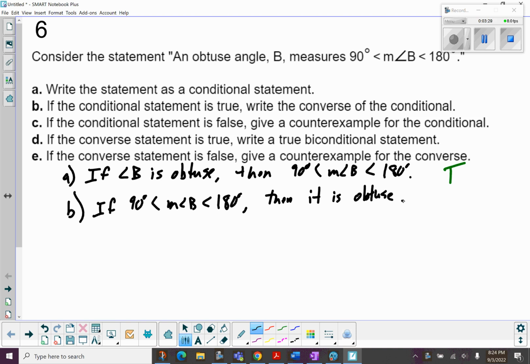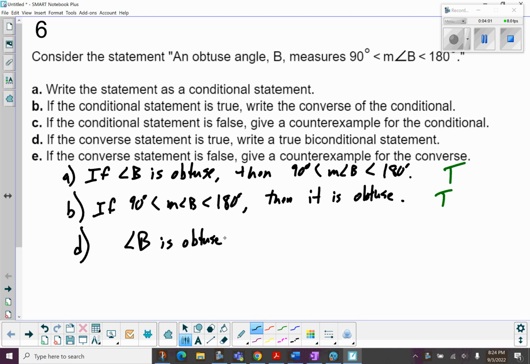And then for the next part, if the converse statement is true, write it as a biconditional. If the converse statement is false, give a counterexample. Well, again, I think this pretty much meets the definition. If you know the angle is greater than 90 but less than 180, then it's obtuse. So then we're going to skip to part D and say angle B is obtuse.